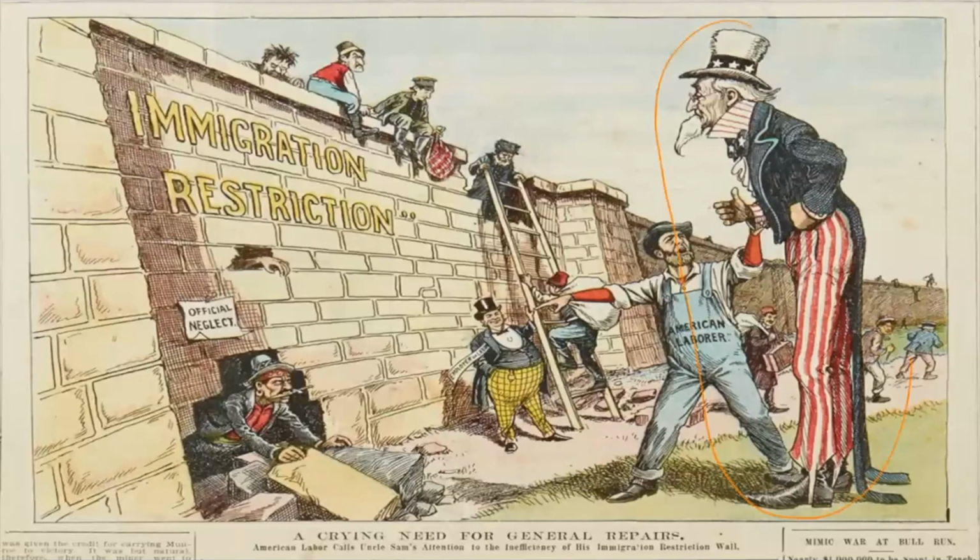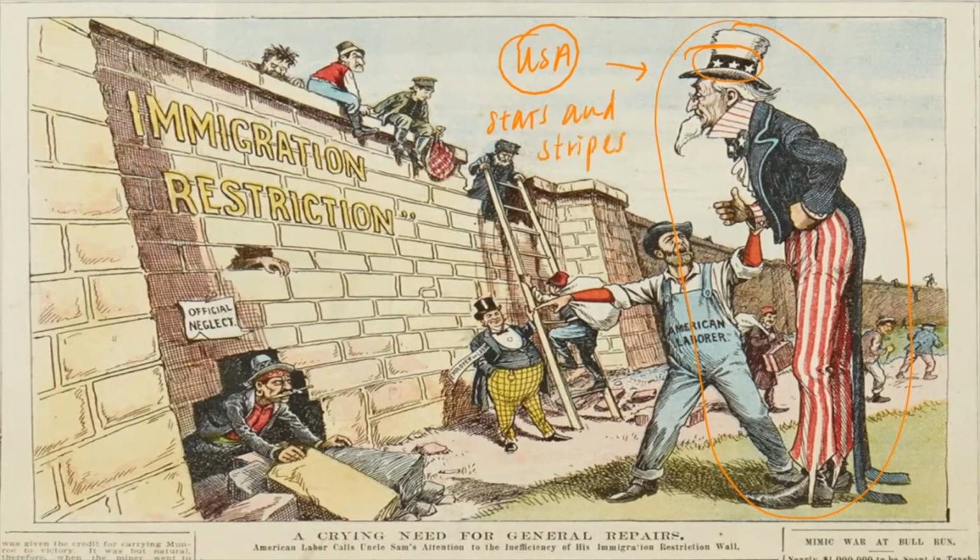For example, let's take a look at this cartoon over here. We can see this man is representing the USA because he's wearing stars and stripes. For example, the stars on his head and the stripes on his pants. This looks like a USA flag, so it represents the USA.